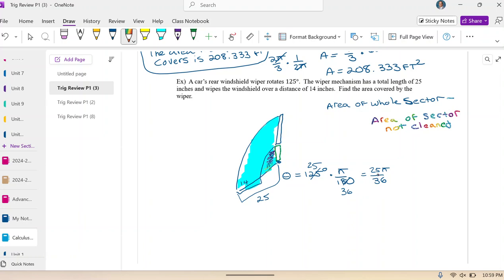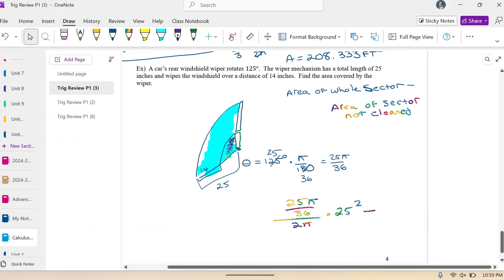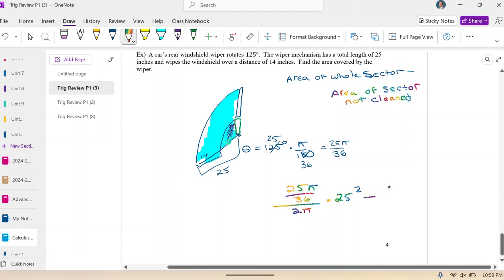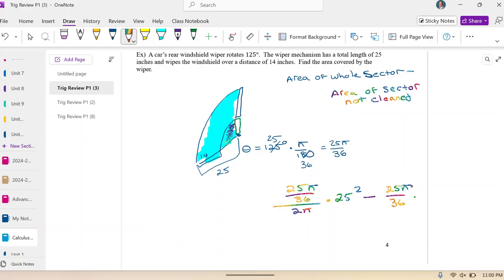The angle for both of them is 25 pi over 36, but the radius differs. So we have 25 pi over 36 divided by 2 pi times 25 squared, because that's the radius for the whole circle, minus 25 pi over 36 times, and now the radius is just 11.